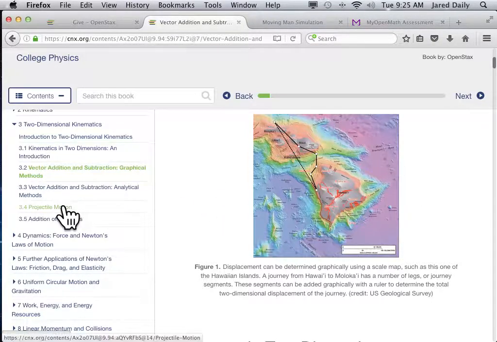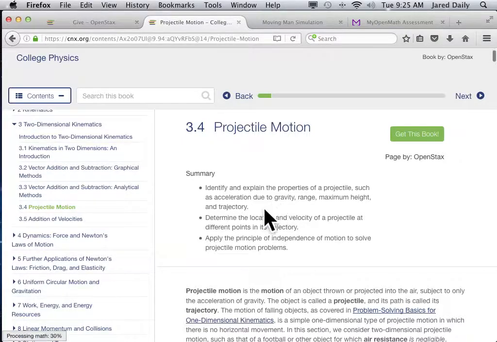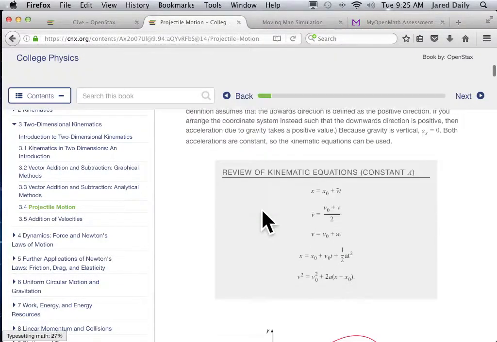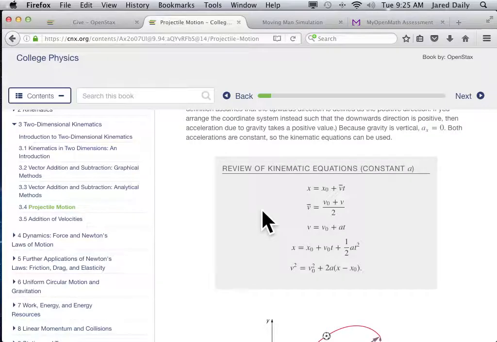There we go. So these are the 5 basic kinematic equations that all the rest of the kinematic equations can be derived from. So these ones are written out in the x direction.